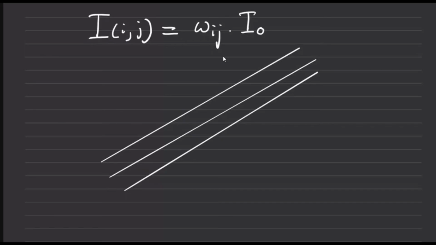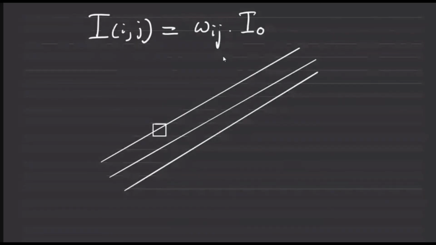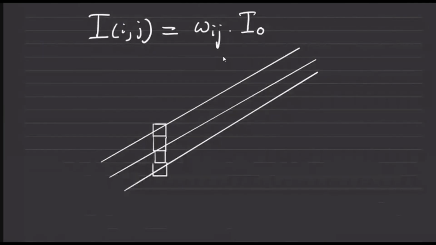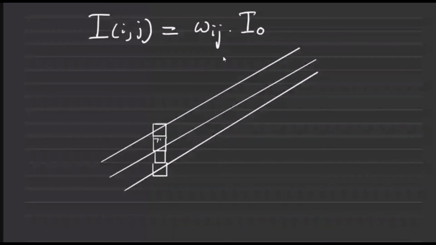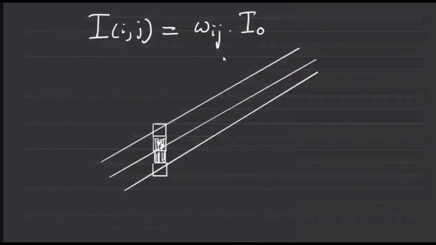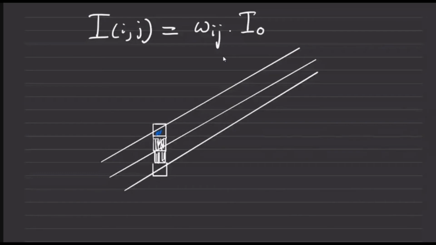Say that this pixel is a full pixel, and what I see here is that a portion of the pixel is actually colored.